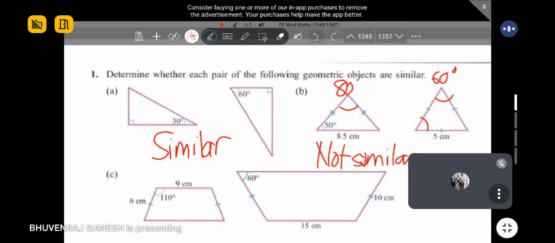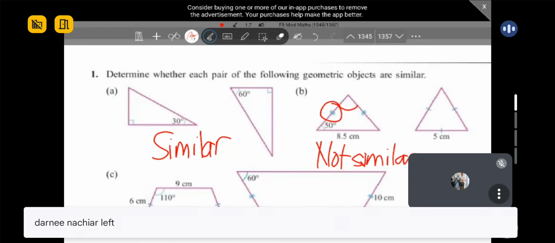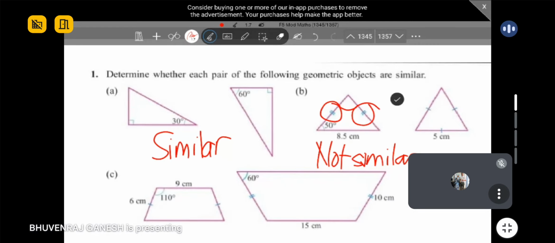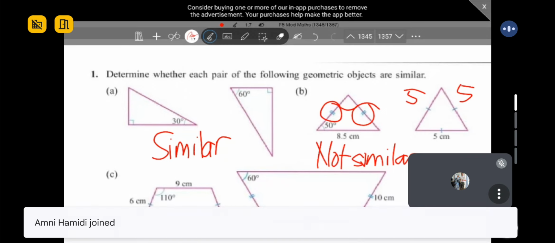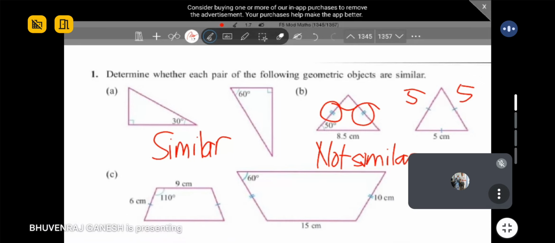So over here, you cannot compare the length. Kamu tak boleh bandingkan panjang sebab kamu tak ada info tentang panjang yang ni. We don't know. Yang ni kamu tahulah 5. Tapi panjang lain kita tak tahu. We don't know the rest of the length. So you have to compare angle. Kalau tak ada panjang, kamu bandingkan sudut. Macam tu. Alright? If you have the length, then you compare direct the length.